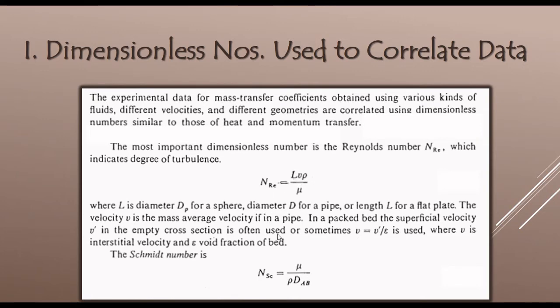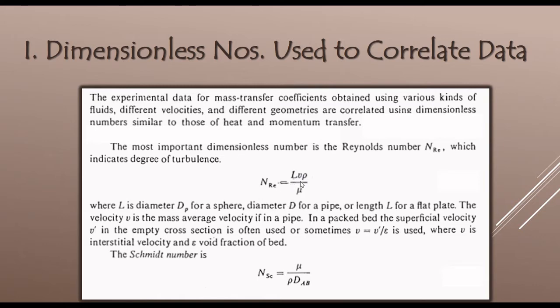So in the case of a packed bed, determine first the V prime given in the problem, then solve for the actual V, which is the mass average velocity of the fluid inside the pipe. Now, you will be needing the void fraction, that's the epsilon, the void fraction of the bed, together with the empty cross-section velocity. That way we can have the actual mass average velocity that should be substituted to this particular formula. So that's for the Reynolds number.